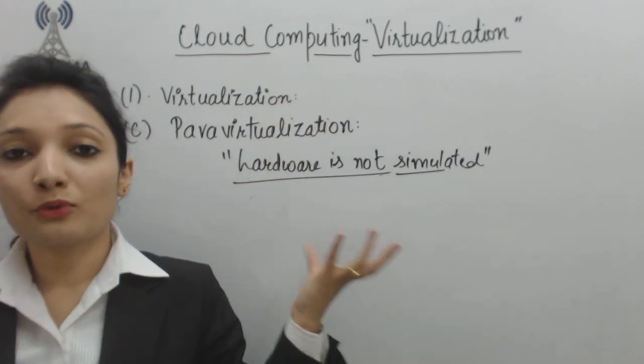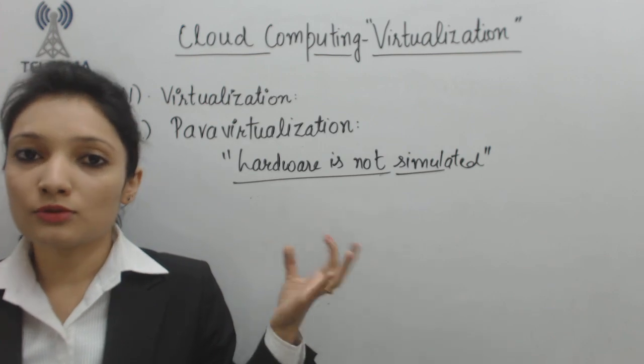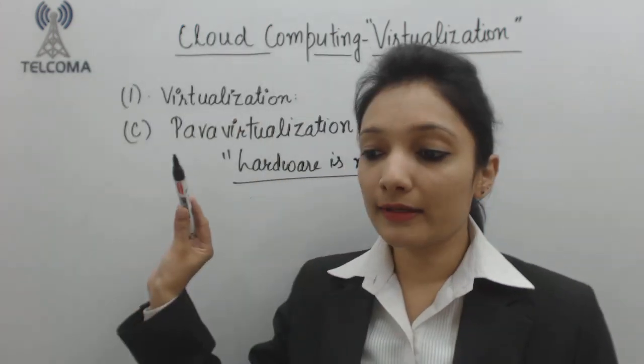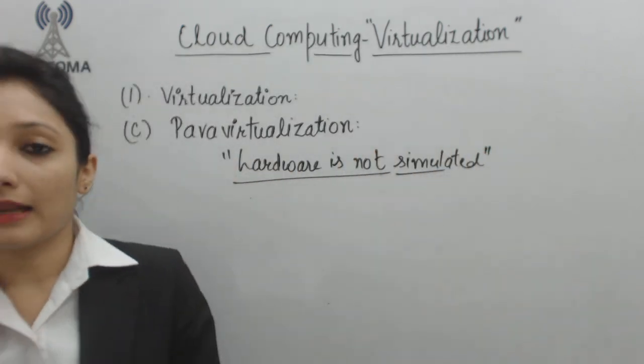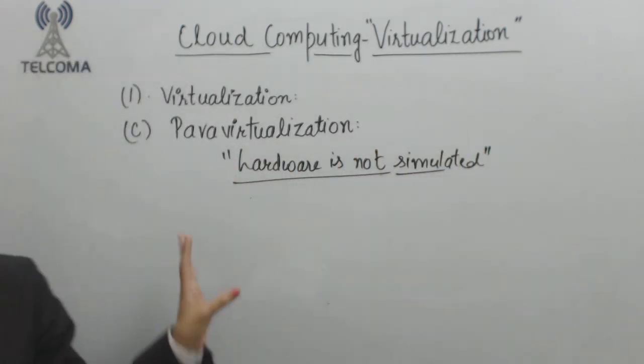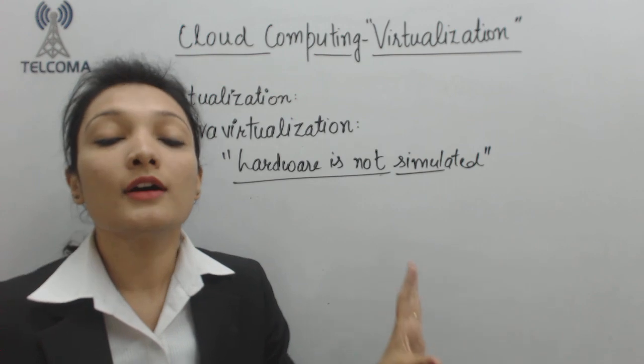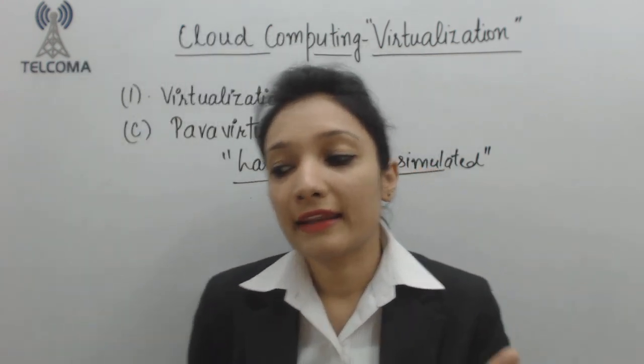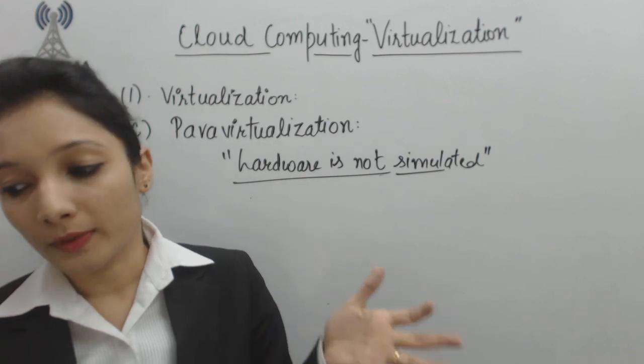It provides a software interface to the virtual machines that is similar but not identical to the underlying hardware. That means the guest machines are provided with certain software interfaces so that they can run their isolated domains over there.